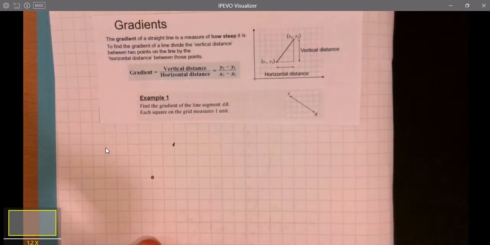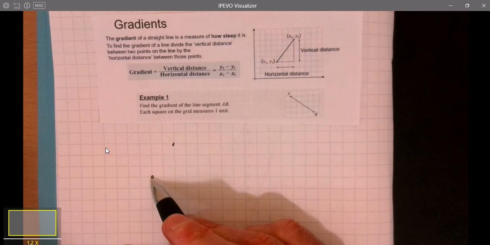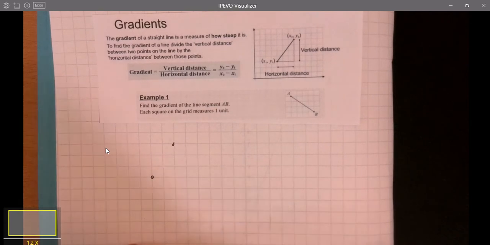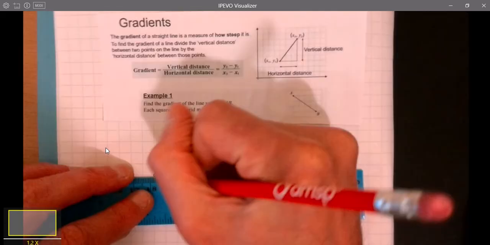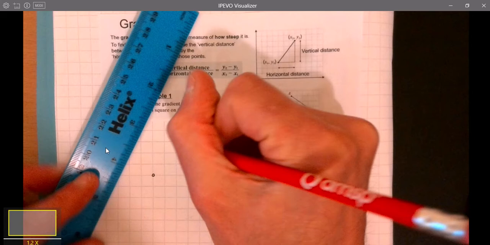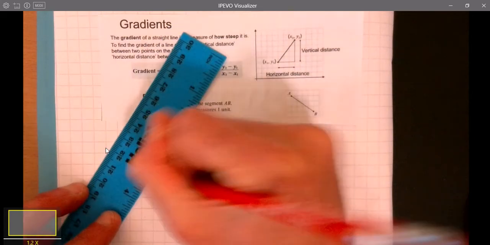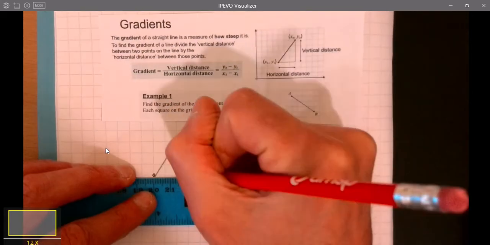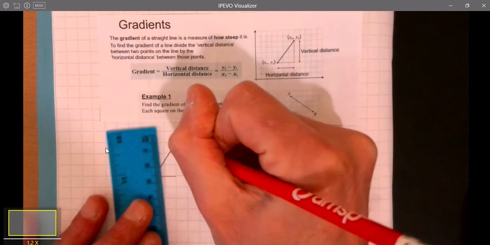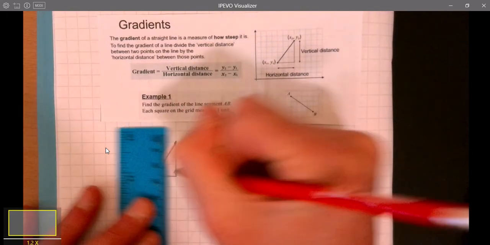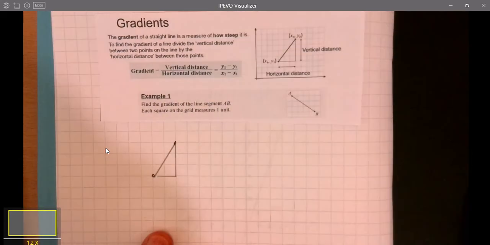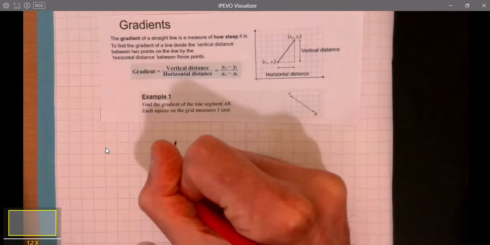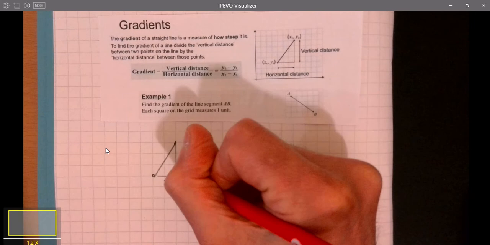Right. So if I just do 2 points just here, and if I put a triangle underneath, I want to measure the steepness of this line just here. So all I need is 2 bits of information. Those 2 bits of information are, how much does it go across?